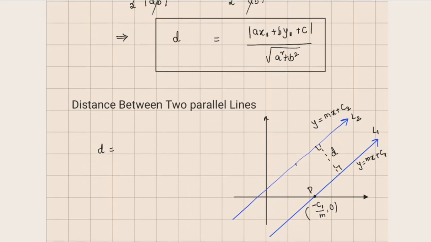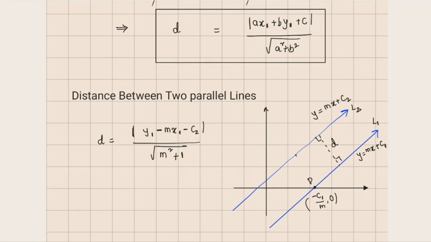We have to just substitute minus c1 by m comma 0 instead of x and y in the equation of line L2, which gives modulus of y1 minus mx1 minus c2 by root over, the x coefficient is minus m, which gives m square, and the y coefficient is 1, which gives 1.